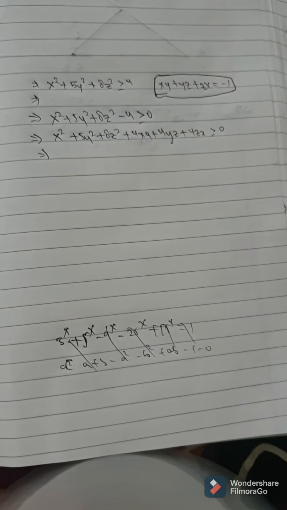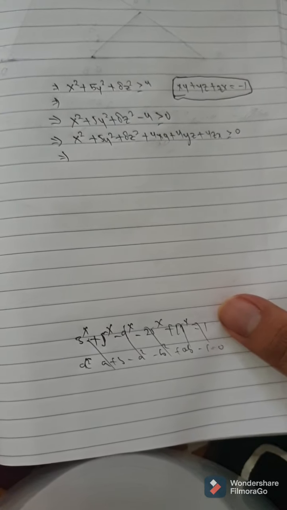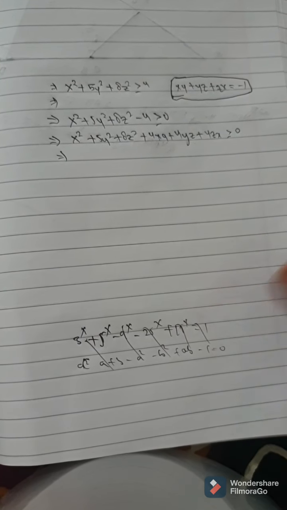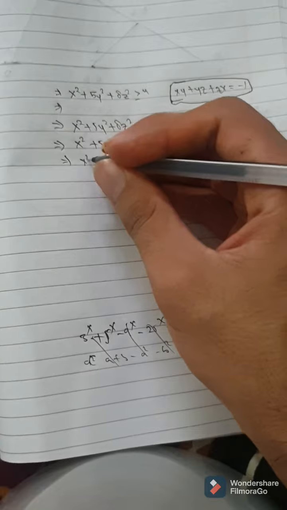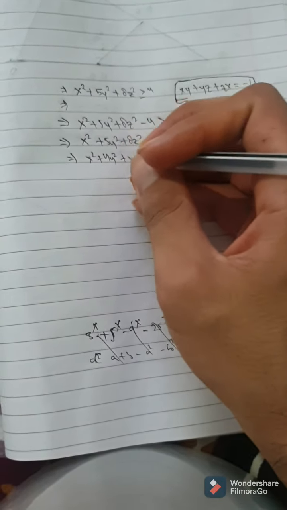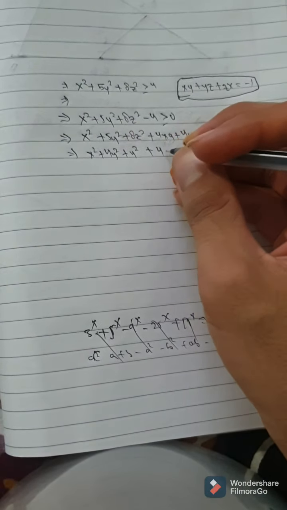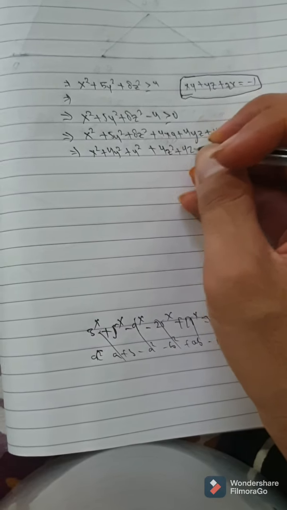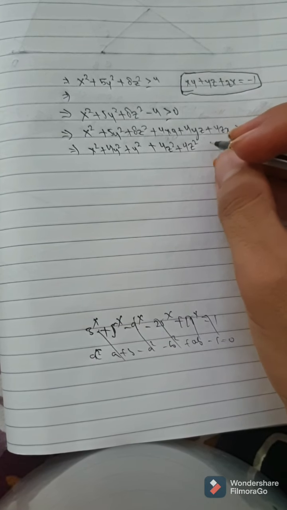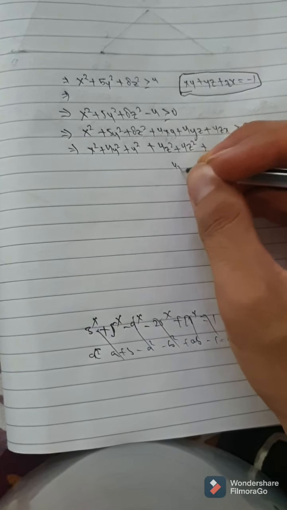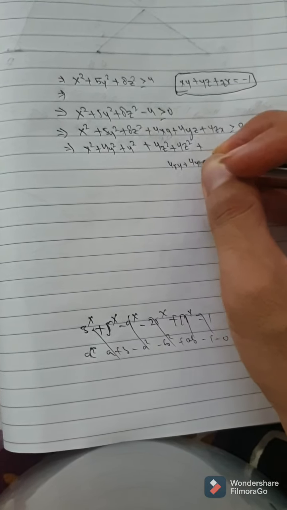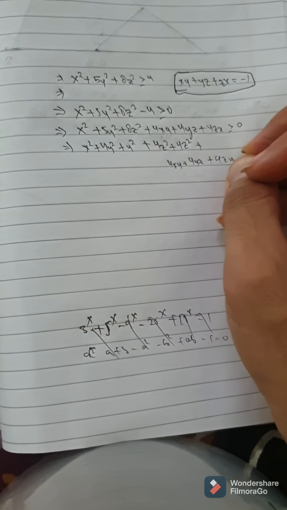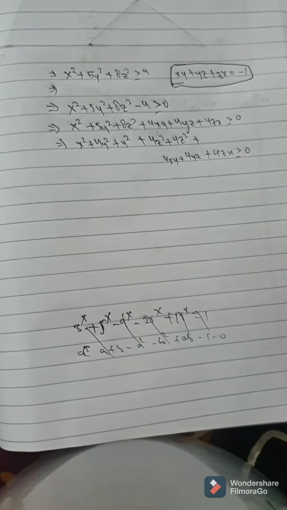Similarly, 8z square is not a perfect square, but it can be broken into 4z square plus 4z square. So let's do that: x square plus 4y square plus y square plus 4z square plus 4z square plus 4xy plus 4yz plus 4zx is greater than or equal to 0. We need to prove this one.